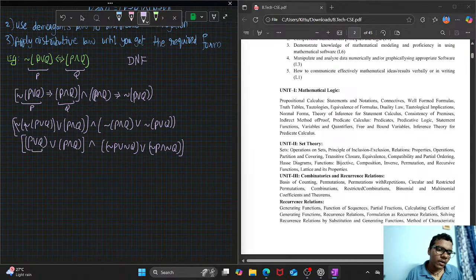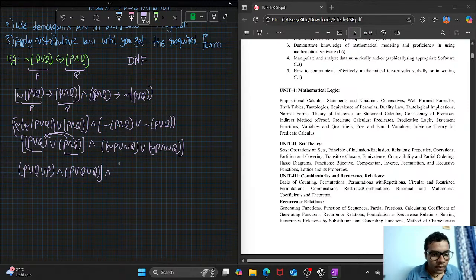So this is an OR and this is an AND. So you can distribute this, right? So you can distribute P or Q or P and P or Q or Q, right? And the common terms will just cancel out.